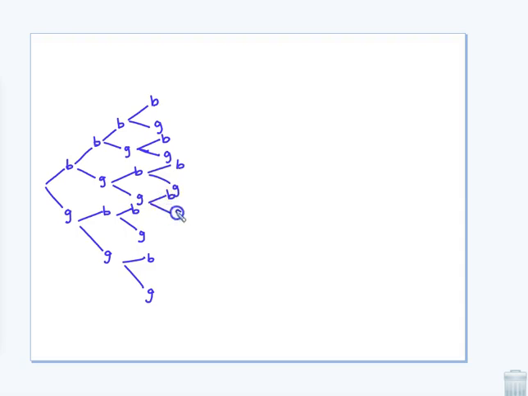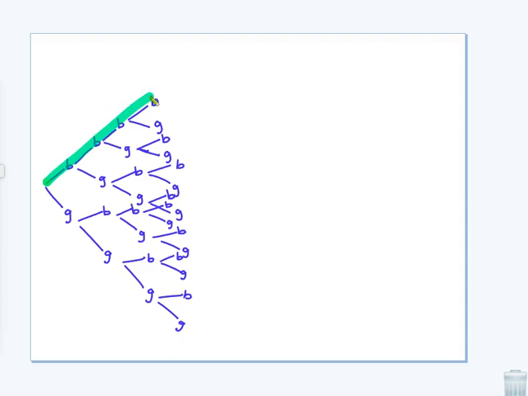Gonna run out of room here. Boy, girl. Now I'm really out of room. Boy, girl, boy, girl. You can continue this on your own. It's quite easy. But what we need to do is we need to go down paths. And so like right here, this would be the path of where you have boy, boy, boy, boy.